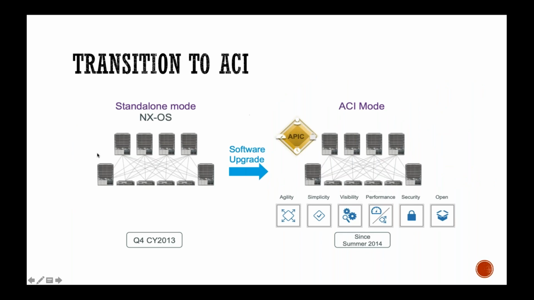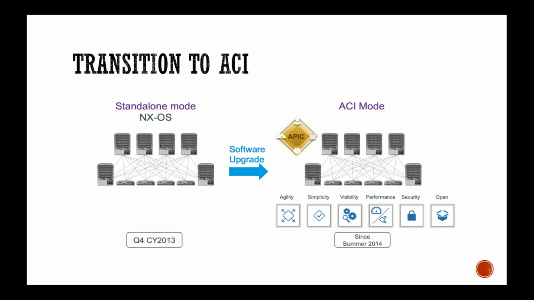Transition to ACI. Traditionally, do I need to buy a completely new infrastructure when I'm going to implement ACI? No. If you already have Nexus 9Ks, 9500 and 9300, in place, you just need to add an APIC controller and change your OS mode. Nexus 9000 runs in two modes: one is the standalone NX-OS mode and one is the ACI mode.